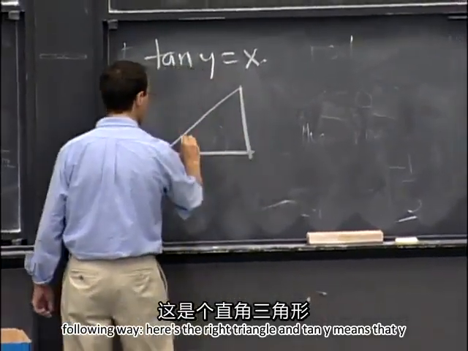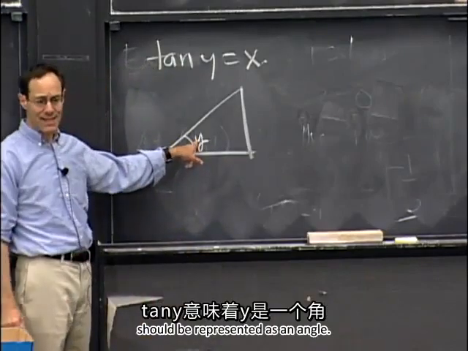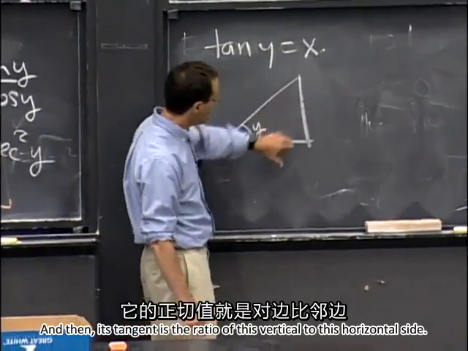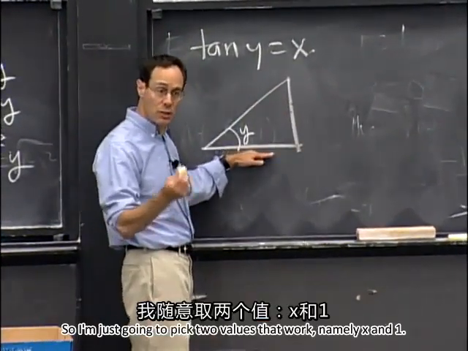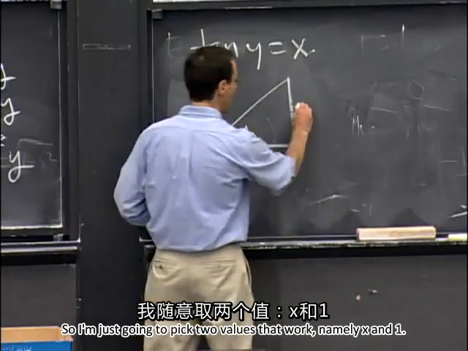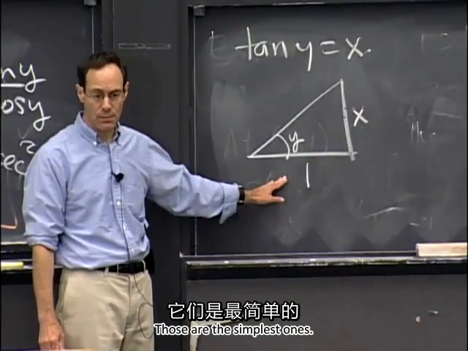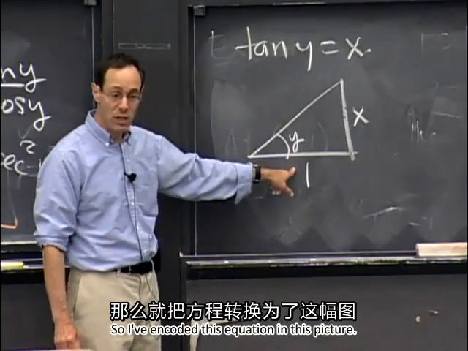Here's the right triangle, and tan y means that y should be represented as an angle. And then its tangent is the ratio of this vertical to this horizontal side. So I'm just going to pick two values that work, namely x and 1. Those are the simplest ones. So I've encoded this equation in this picture.